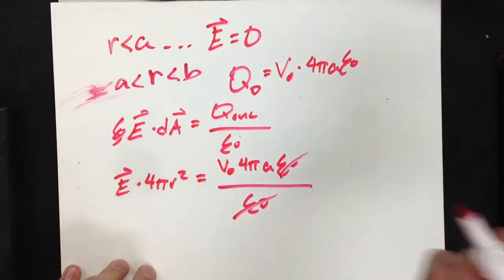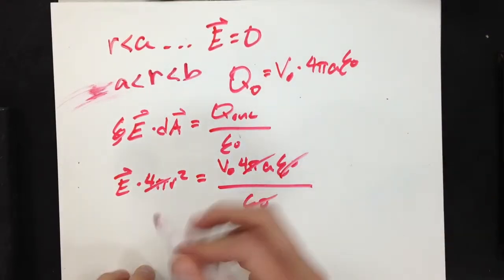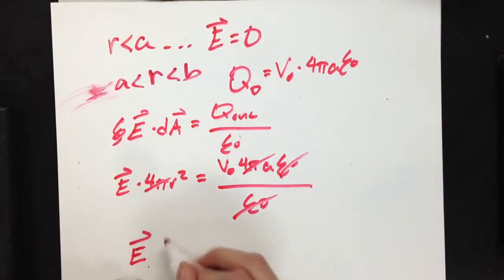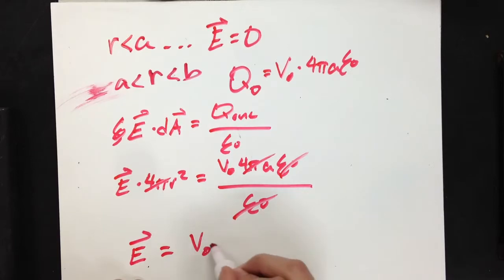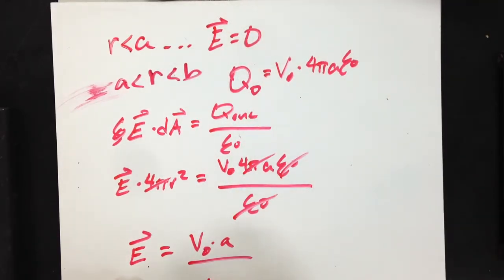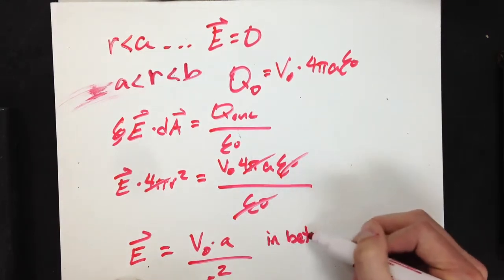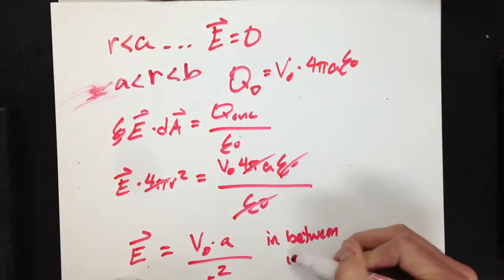Look at that, the epsilon naughts are already canceling. And then the 4 pi's cancel, leaving me with my electric field being equal to V naught times A, the inner radius of my sphere, over r squared. This would be in between the two conductors.